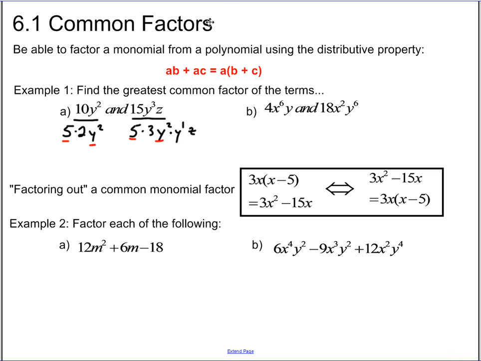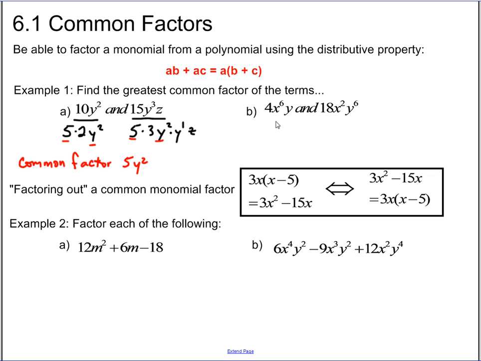And so when we factor these out, the common factor then is going to be 5 times y squared. And we see that that's contained within both of these terms.